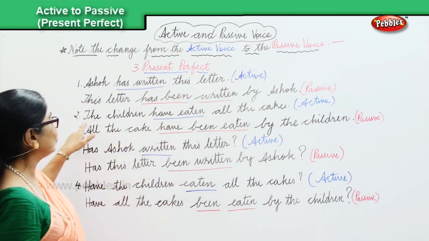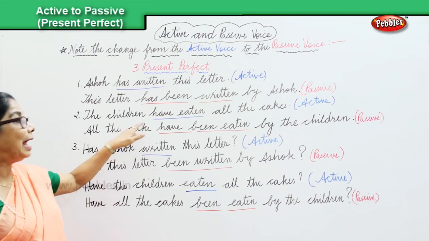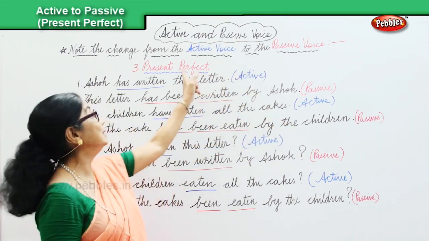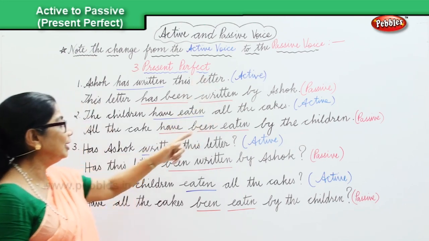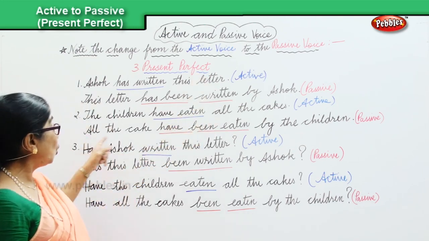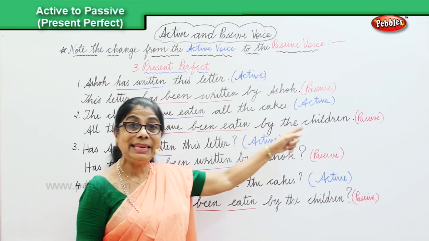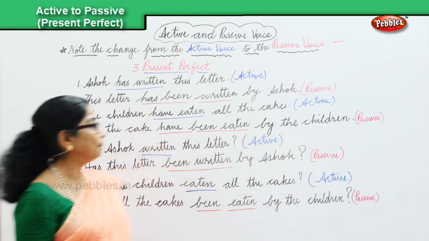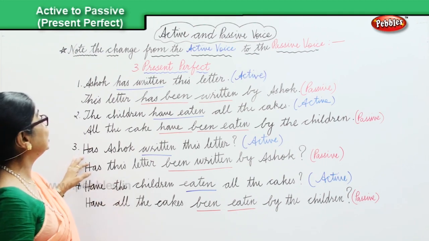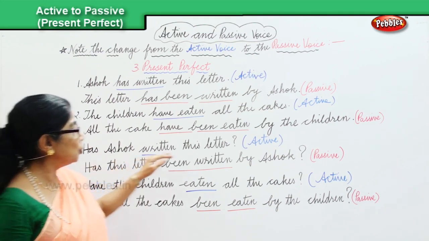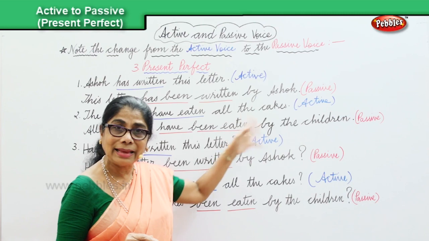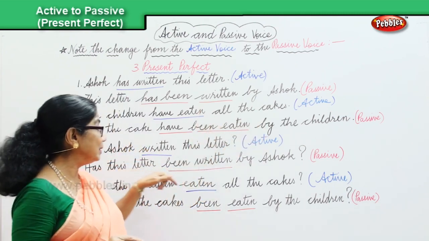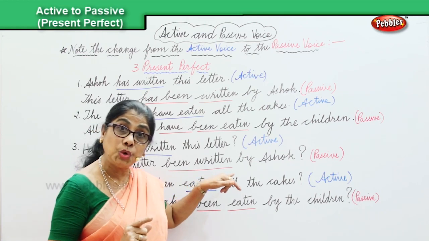Second sentence. The children have eaten all the cakes. Present perfect. Then into the passive, all the cakes have been eaten by the children. Passive. And the third, in the present perfect, has Ashok written this letter? Active. We're changing over. Has this letter been written by Ashok?